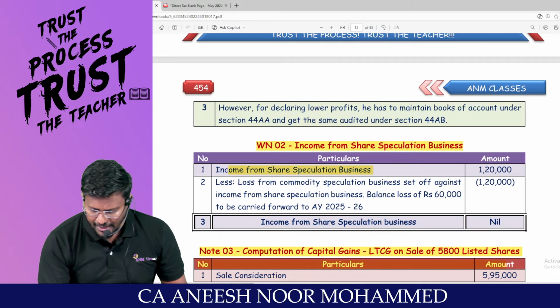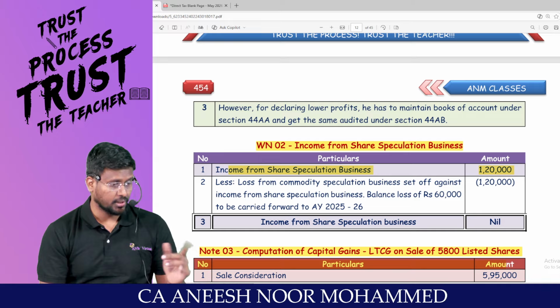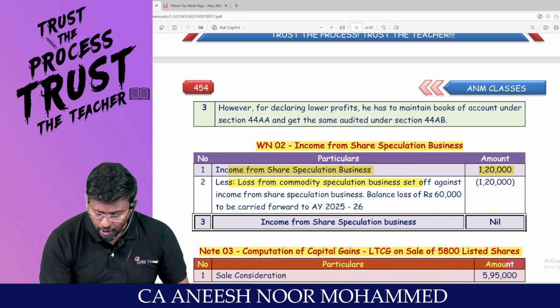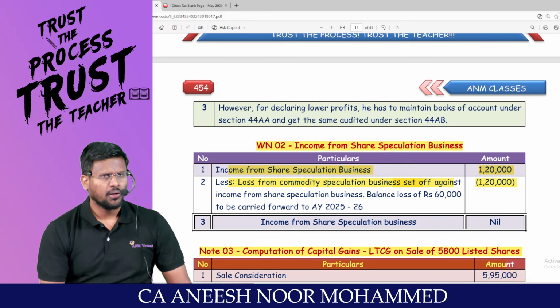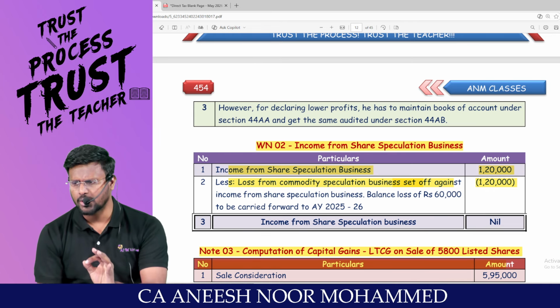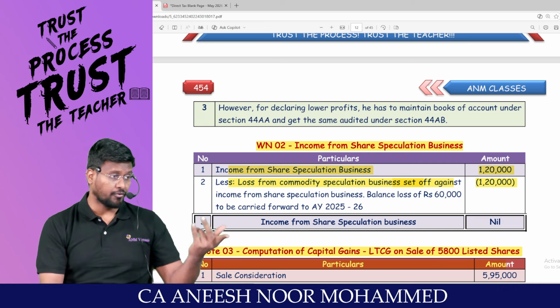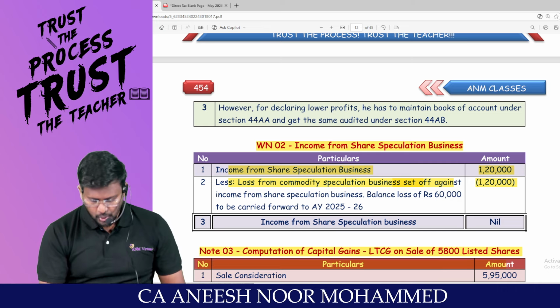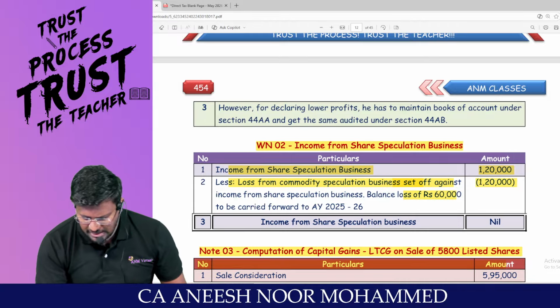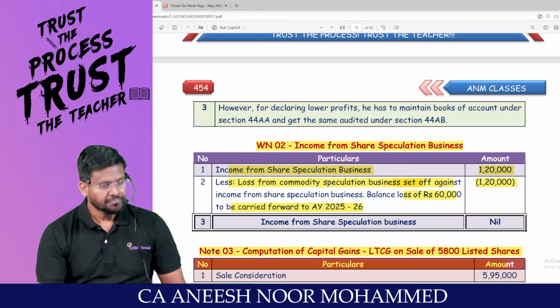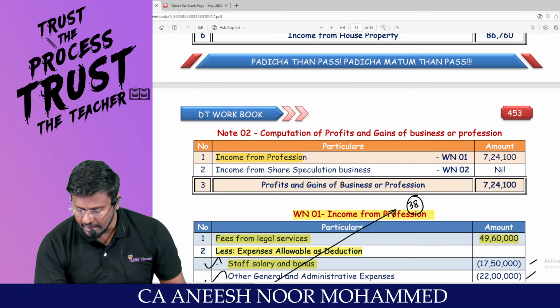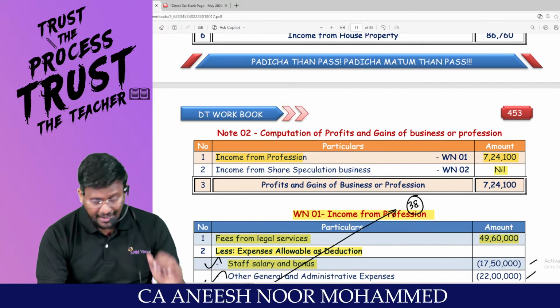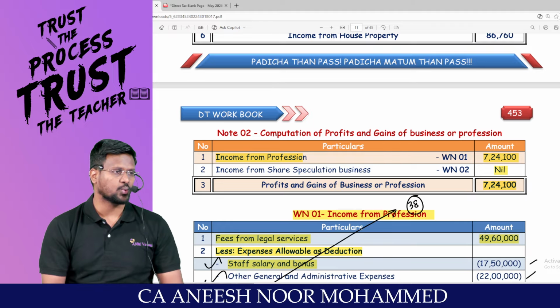Income from share speculation business, 1,20,000, whereas loss from commodity speculation business, 1,80,000, but we can set off only, because loss from speculation business can be set off only against profit from speculation. So the remaining, how much rupees? 60,000 to be carried forward. So income from share speculation business will be nil, and here 7,24,100 plus nil will be 7,24,100.